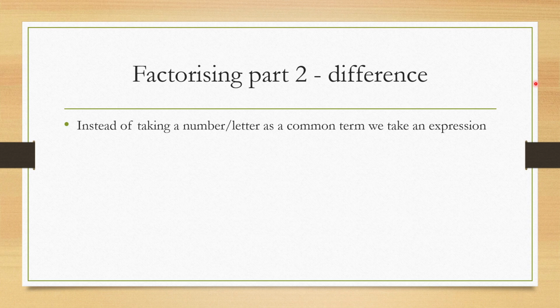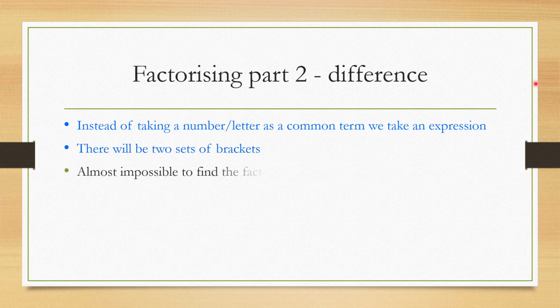So instead of having one full expression, we're going to break it down into 2 separate bracket sets. So that's what we're going to do in this factorizing. There will be 2 sets of brackets.